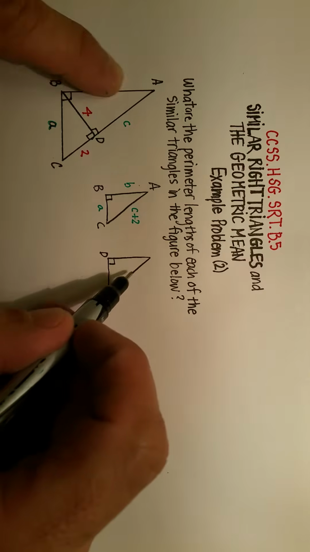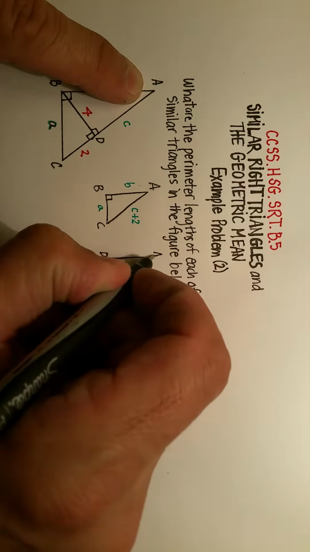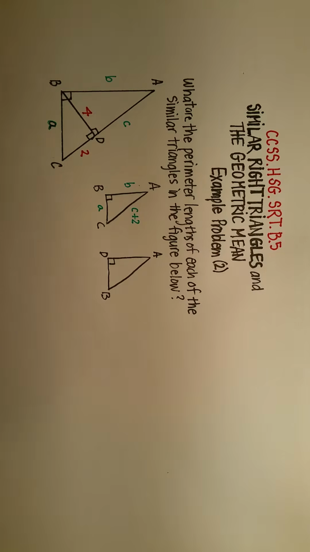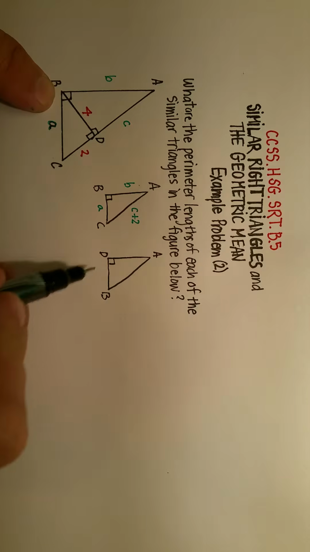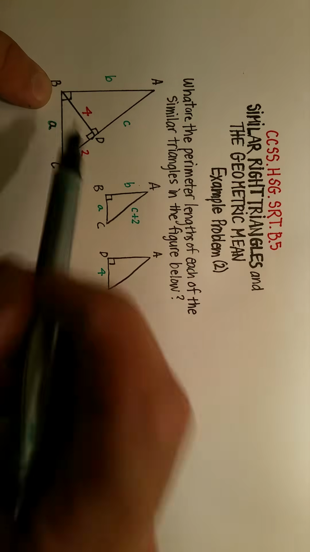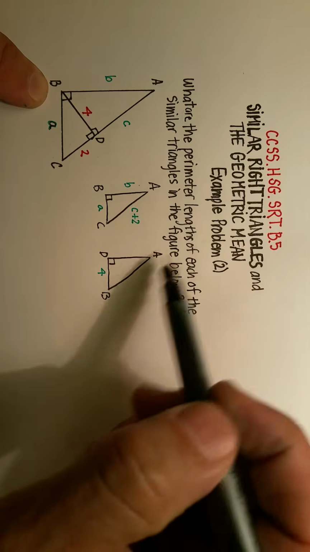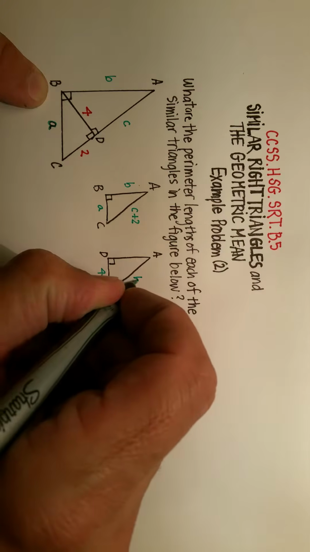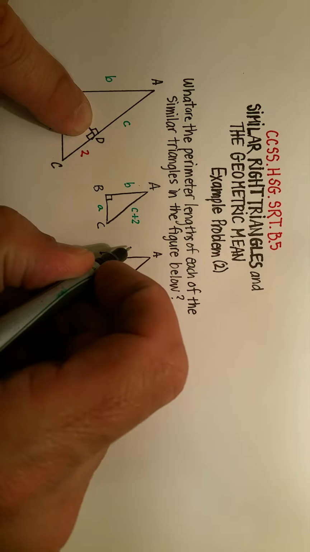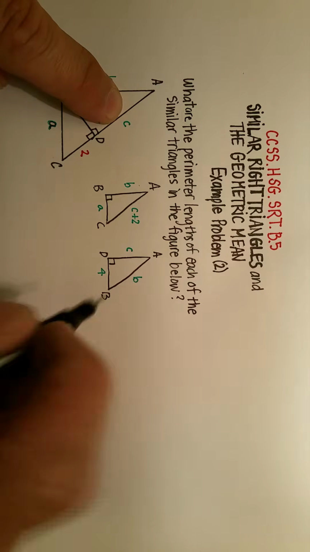If I go down the hypotenuse, this side would be A. Okay? And let's see what the lengths are. So from D to B, looks like the length is 4. From B to A, looks like we called that side B. And from A to D, looks like we called that side C.